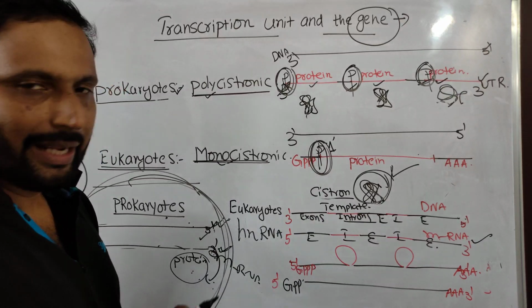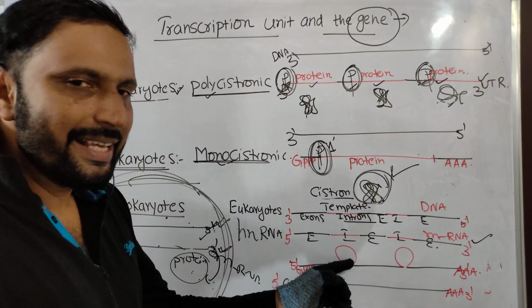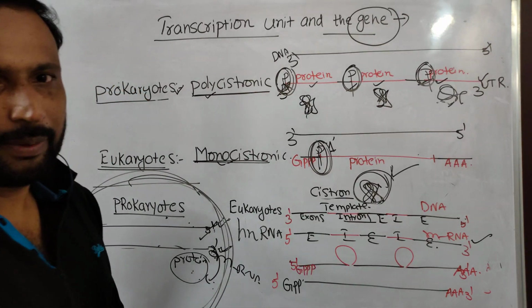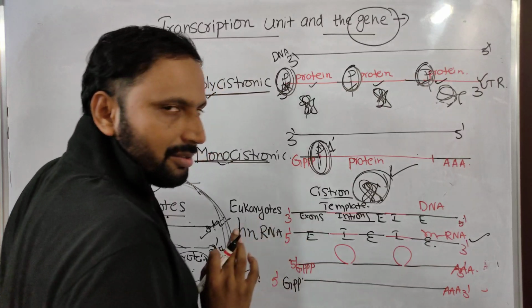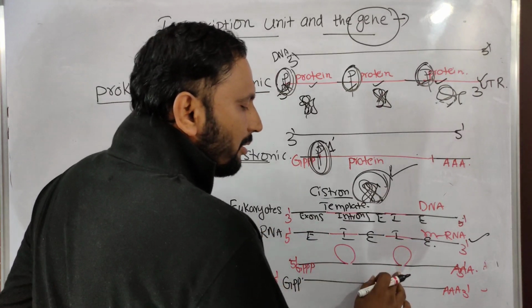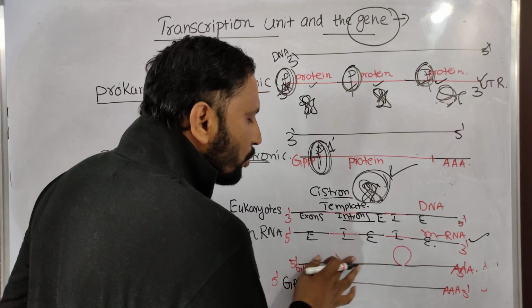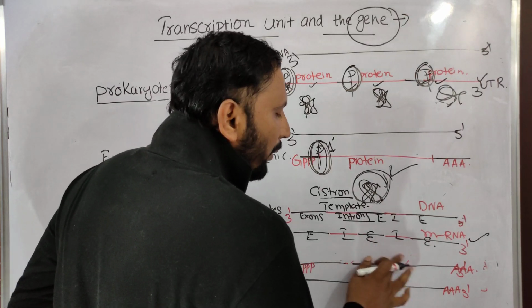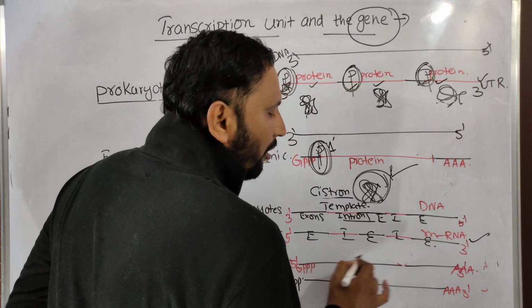So the next step is splicing and tailing. Splicing means removal of the introns. Removal of the introns is called splicing. Splicing takes place by the spliceosome. So that is the removal of introns.